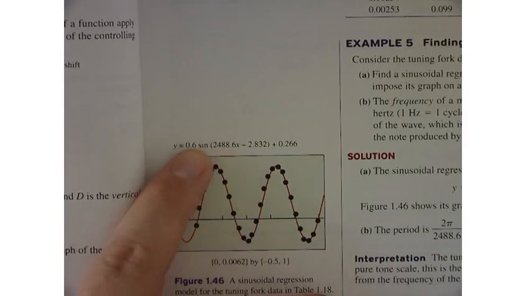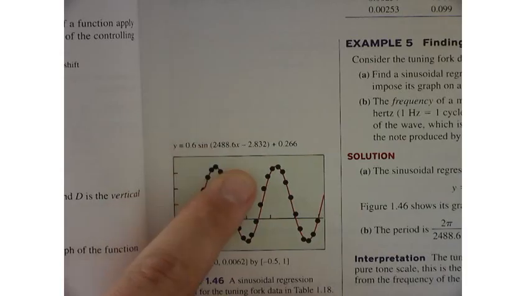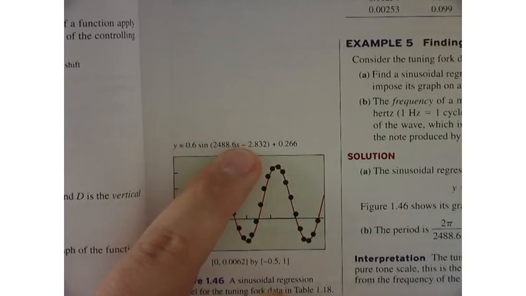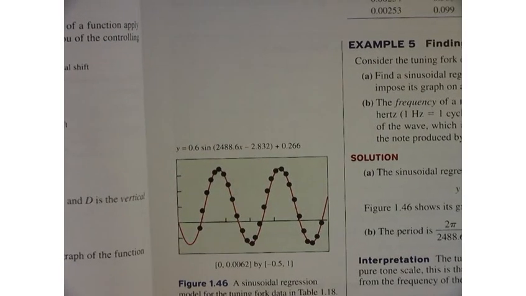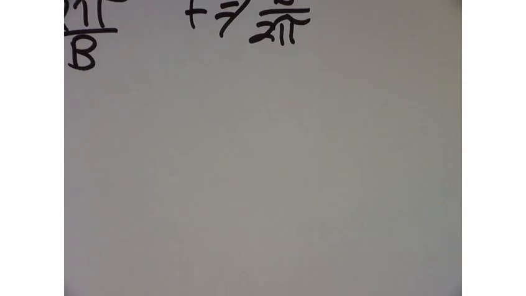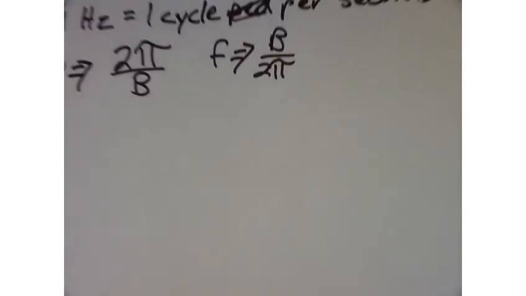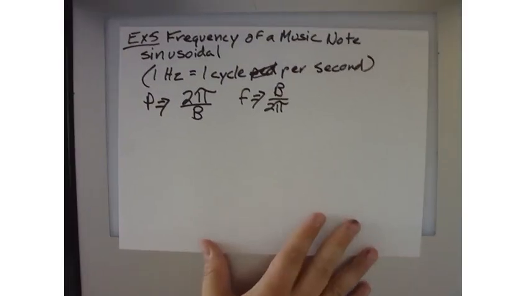In other words, my amplitude is 0.6, right? We'd have to factor out some stuff here, but there's a change in both the horizontal shift and in the actual period itself. And then we also have a vertical shift of 0.266. And so that's not necessarily what the question is asking us. What they're telling us is some information, and then we're going to try to figure out something.